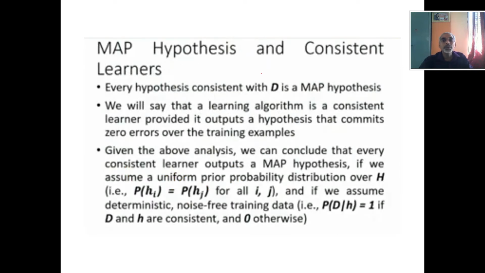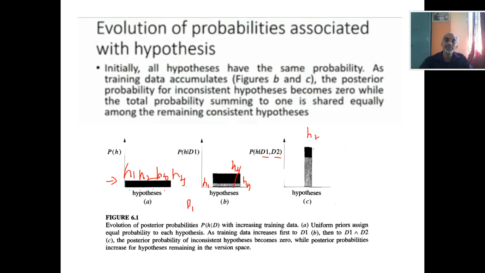So now we will look into another concept: MAP hypothesis and consistent learners. If you want a consistent learner with respect to your maximum a posteriori hypothesis, we are trying to understand here that every hypothesis is consistent with D. In the previous example, when you have collected the data sets, we came to know that out of the 4 hypotheses H1, H2, H3 and H4, hypothesis H2 has more probability.